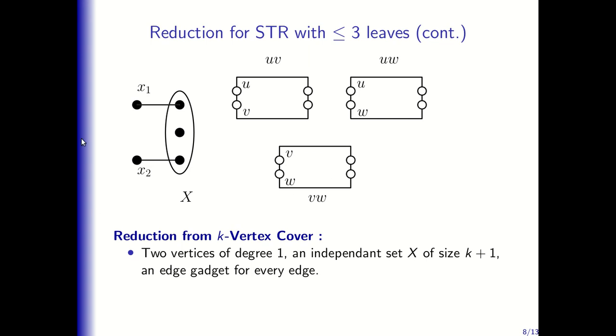You also create 2 vertices of degree 1, x1 and x2 here, and k plus 1 vertices that form an independent set, where k is the size of the vertex cover. So you want to determine if there is a vertex cover of size k, and so you create an independent set of size k plus 1.